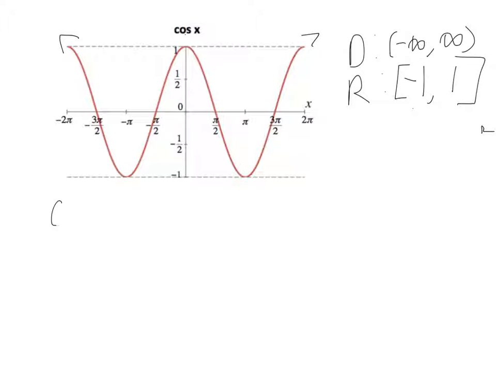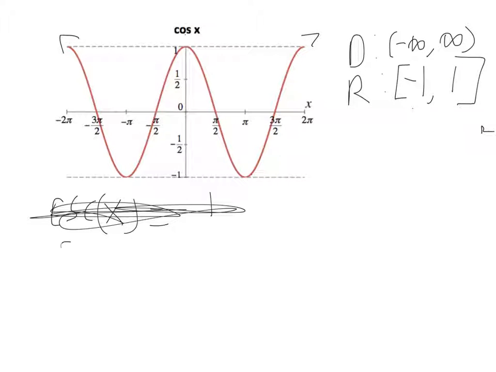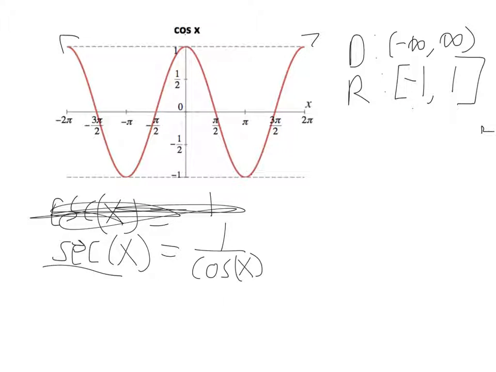Now, the secant function, remember, is 1 over the cosine. So you draw that graph the same way.